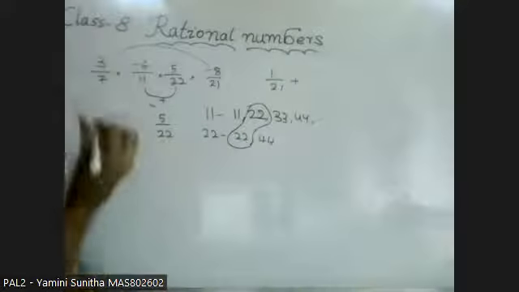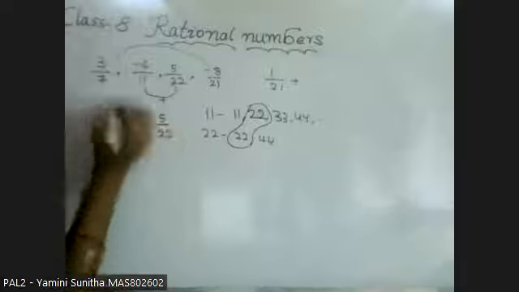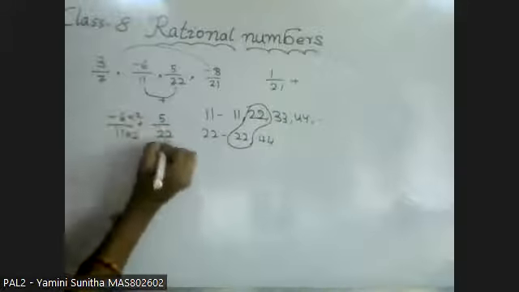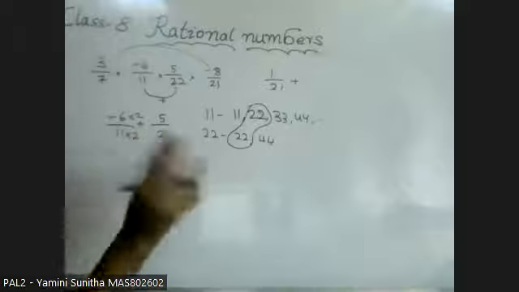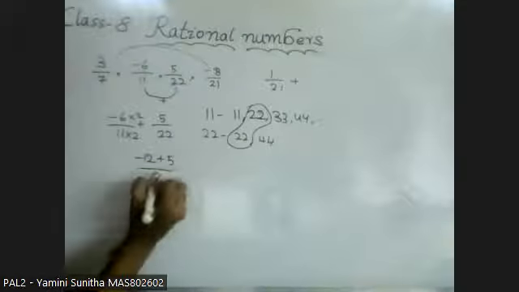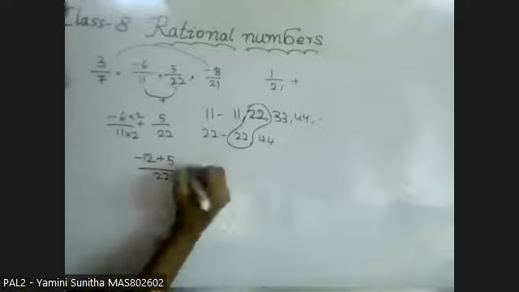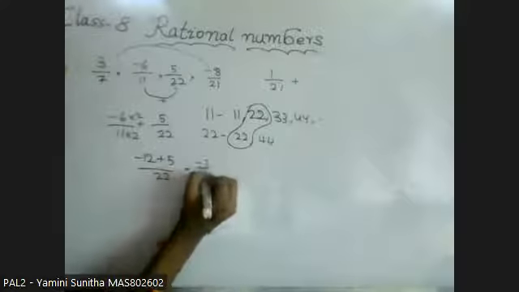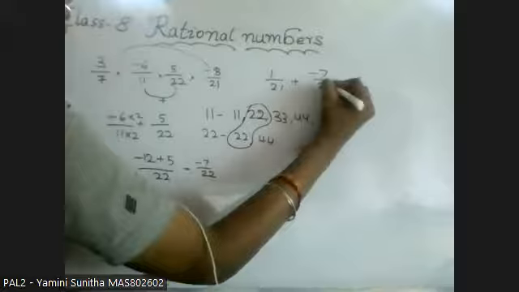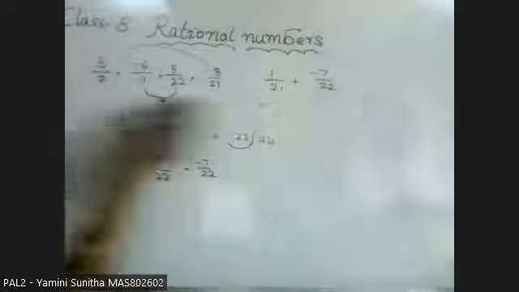So in order to bring the denominator into 22, we have to multiply by 2. And here we already have 22, so no need to multiply anything. Minus 12 plus 5 by 22. This we can write as minus 7 by 22. So plus minus 7 by 22.